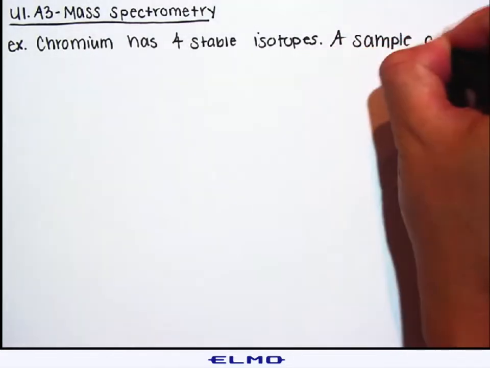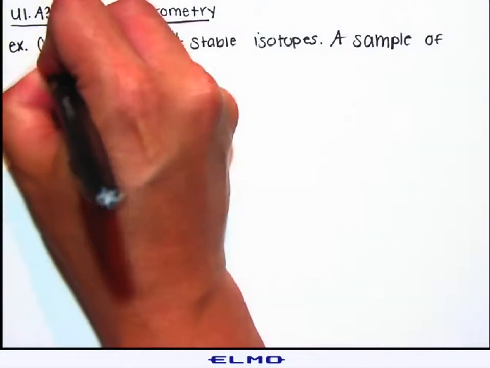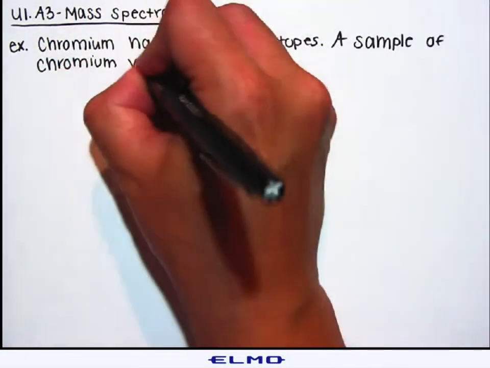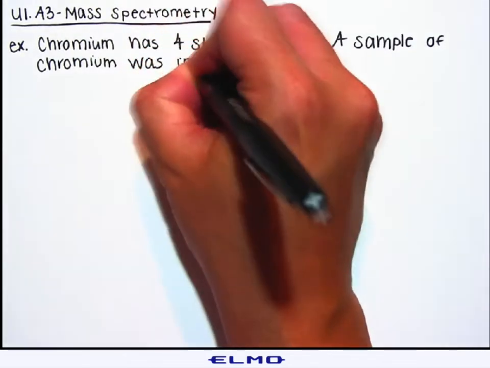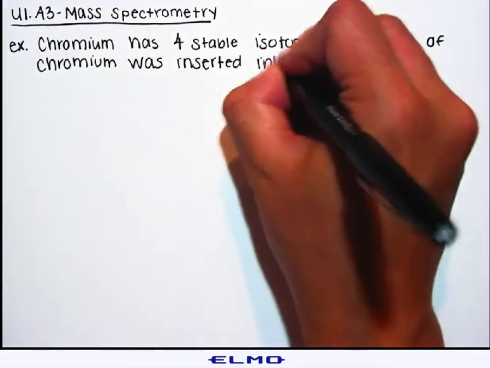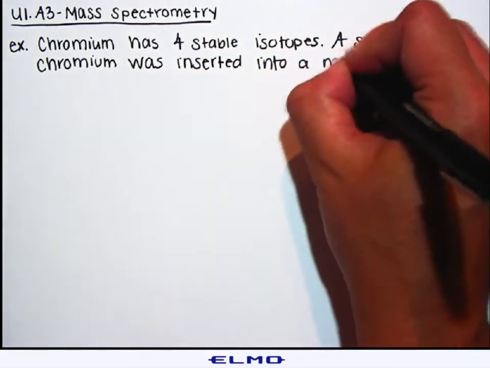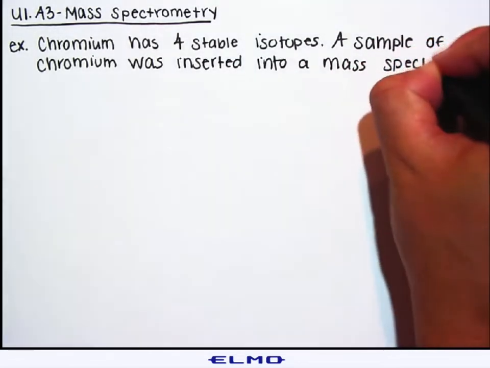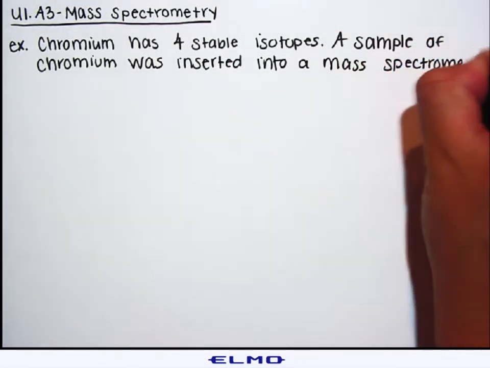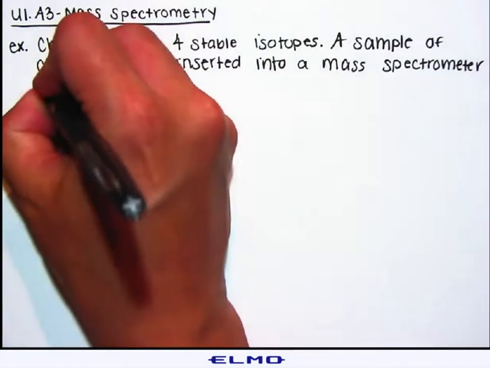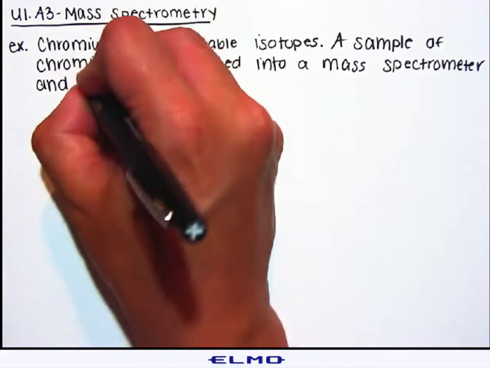A sample of chromium was inserted into a mass spectrometer, and the following results were obtained.